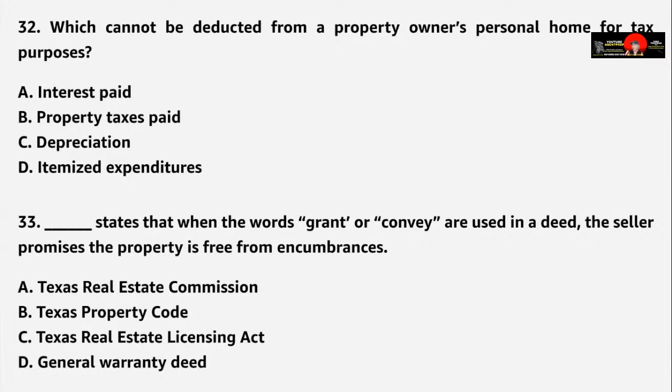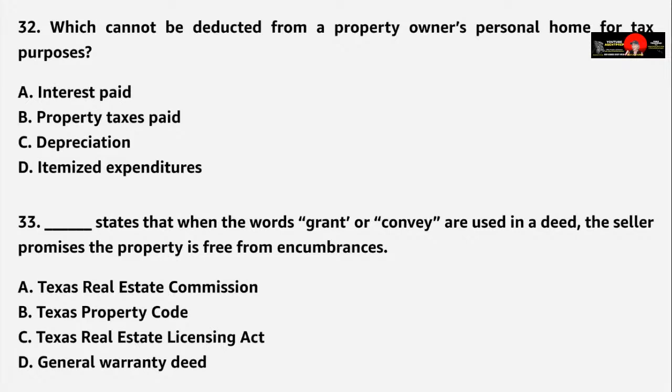So what states that when the words grant or convey are used in a deed, the seller promises the property is free from encumbrances? Right, because the seller signs the warranty deed, and when the title company researches the title's history and says that it is clear, what document states that they can grant or convey it?